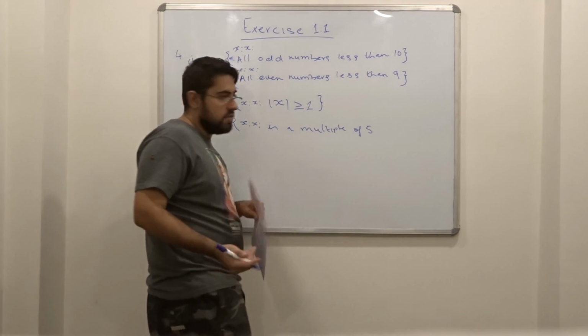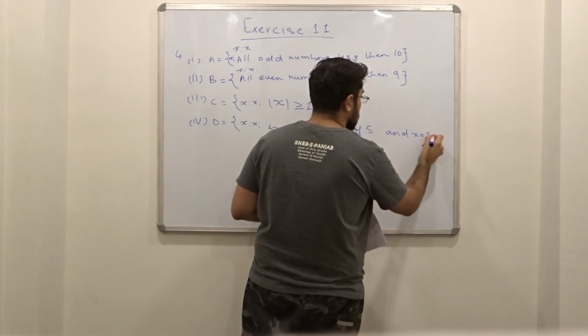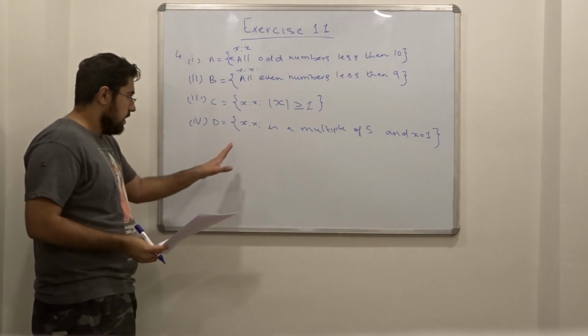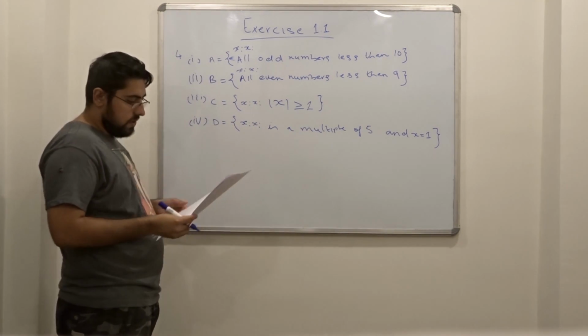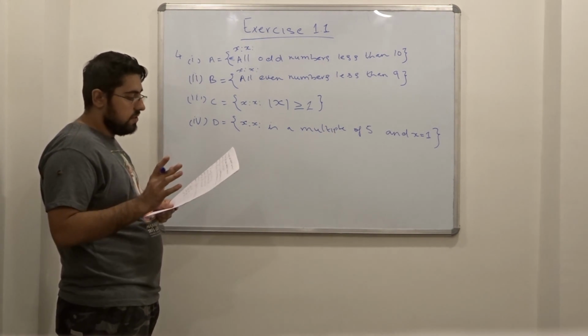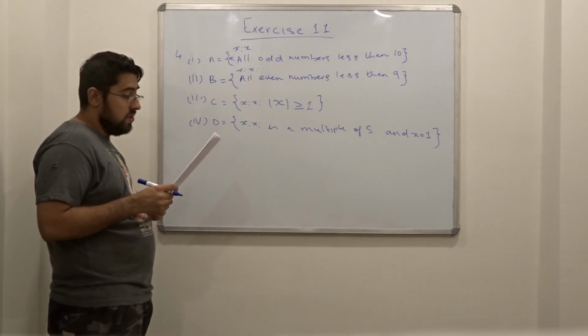And then you just write x is equal to 1. You can simply just write this: x is a multiple of 5 and x is equal to 1. Guys, this is the best way to write this. There's no other way to write this.